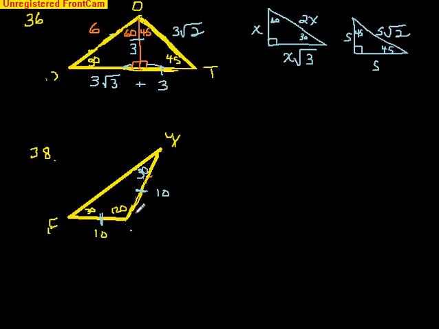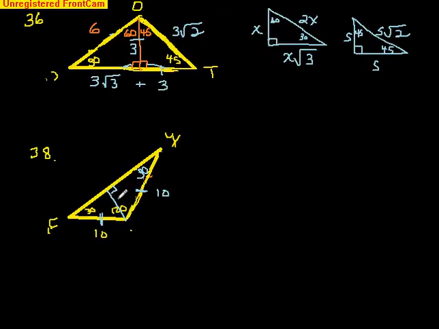It's not a right triangle, so you can't do 10 squared plus 10 squared equals c squared. You can only do that if it's a right triangle. So what I'm going to do is I'm going to draw a 90-degree angle from here. Check this out. 90 degrees.